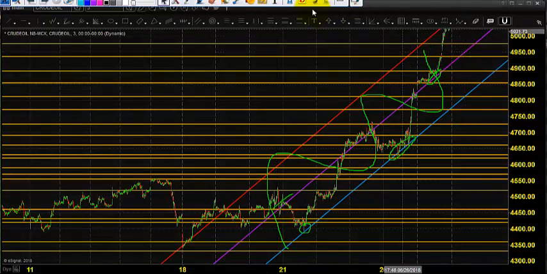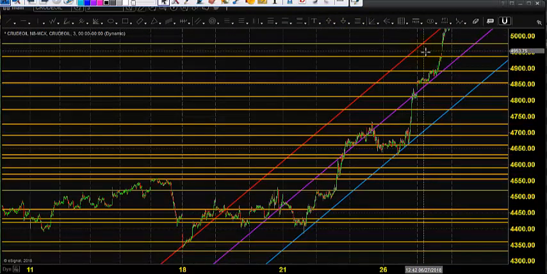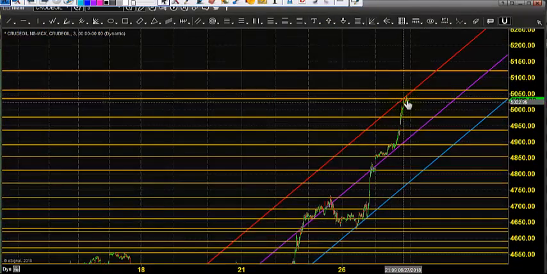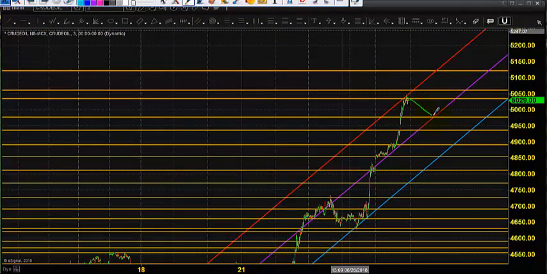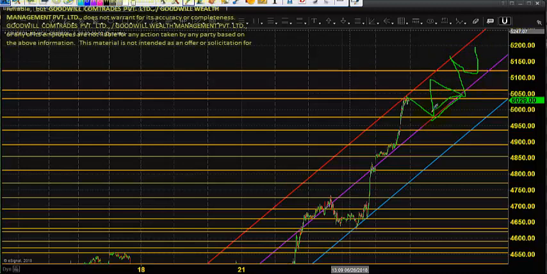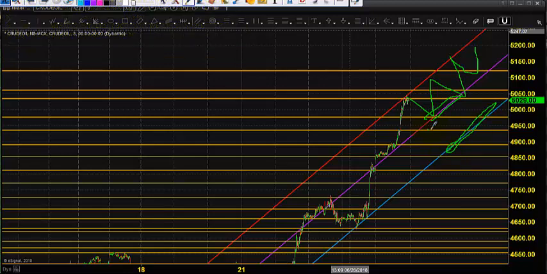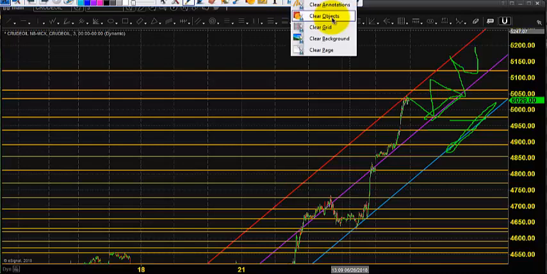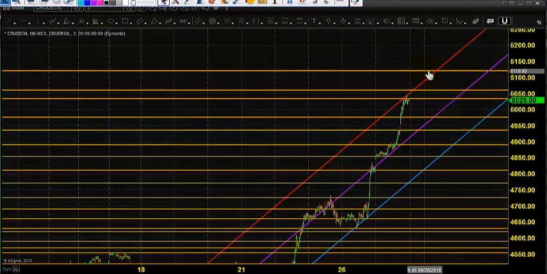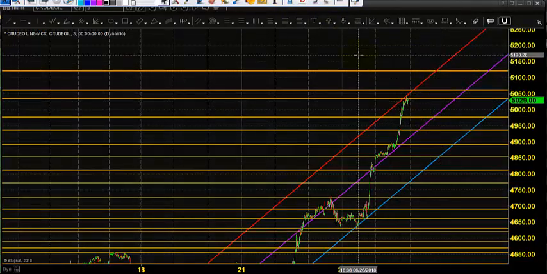Now I'm going to move this channel. It's now acting as a resistance, so it should act as a resistance. Our expectation is that the price should follow this trend pattern, and this line should act as a support for today. Even if the price is taking a support, the next bottom support should be this blue line with so many horizontal support lines. So I think it's more than enough to act as a good area for traders today.